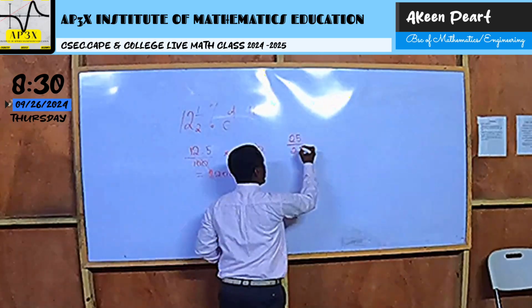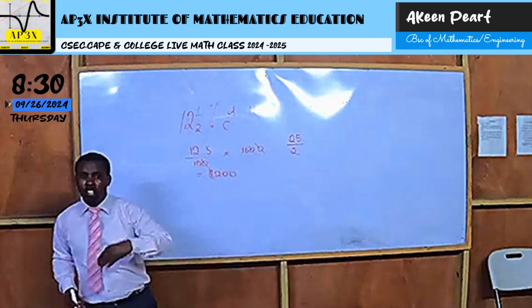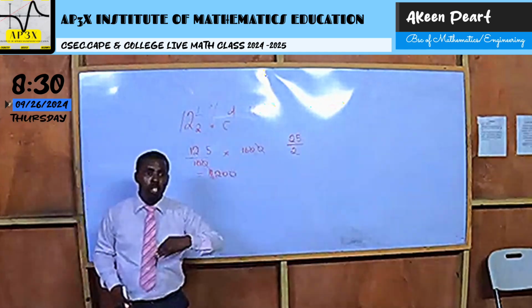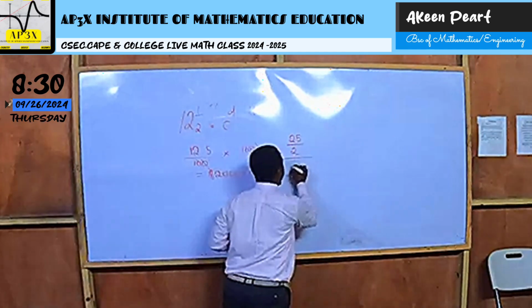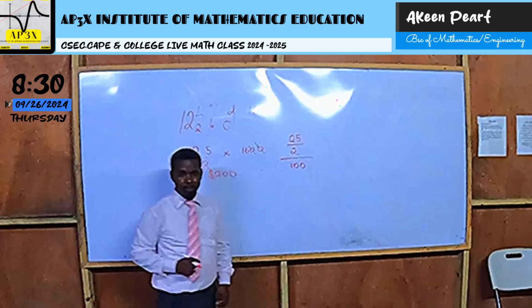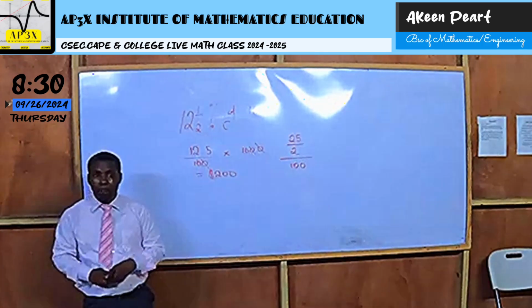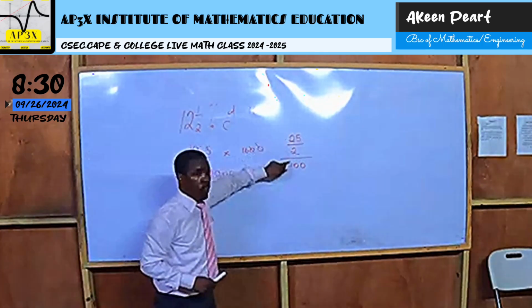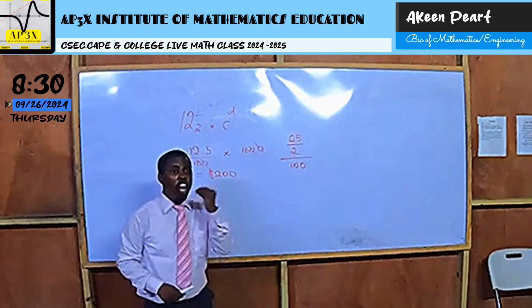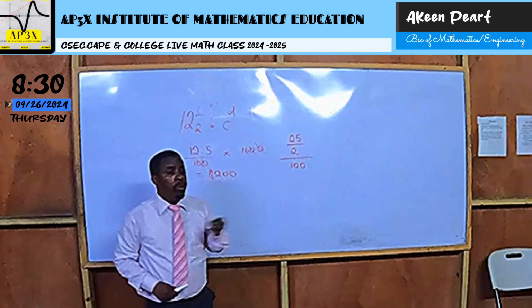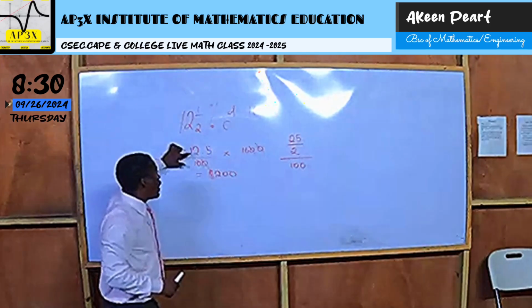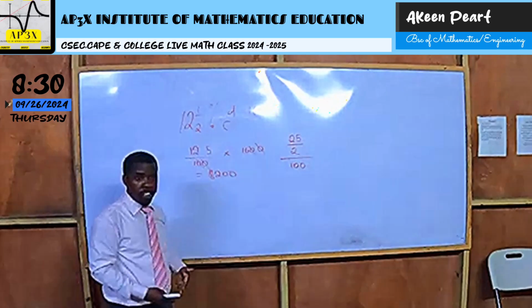But here's the problem we know. Because you now have 25 over 2, you're going to completely forget that it still has to go over 100. Because a percentage, remember I said 25 over 2 now is just the conversion of the 12.5. Remember, generally you would have put 12.5 over 100.